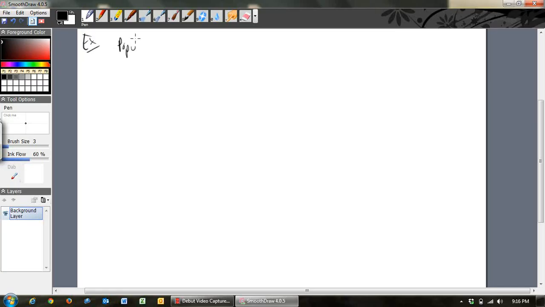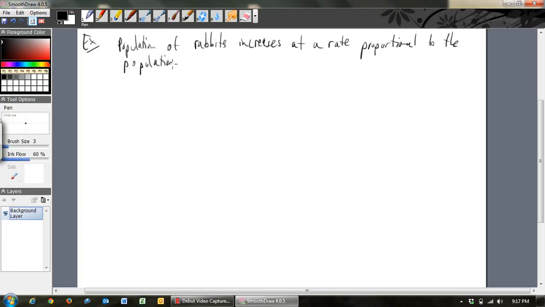So the population of, let's say, rabbits increases at a rate proportional to the population itself.